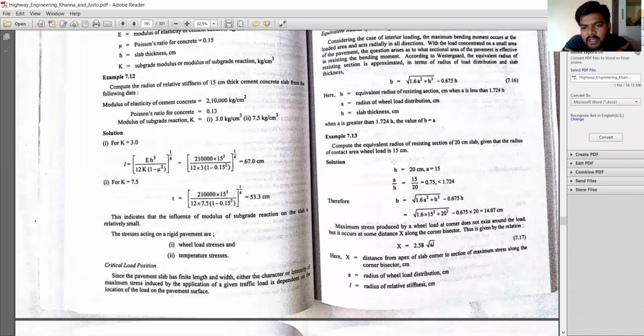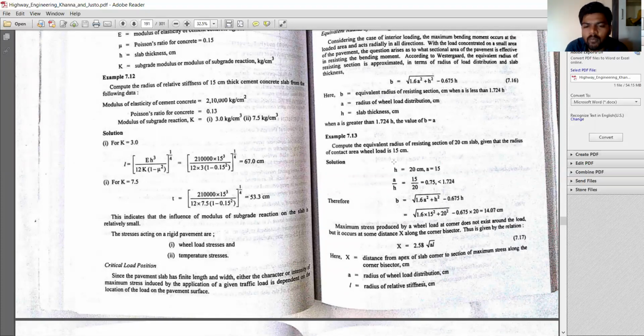A by H, 15 by 20 centimeter, you are getting 0.75. Check it. The 0.75 is less than 1.724. Hence, you need to use the formula. If it is getting more than 1.724, then B will be same as A, that is 15 centimeter. But here you are getting less than 1.724.